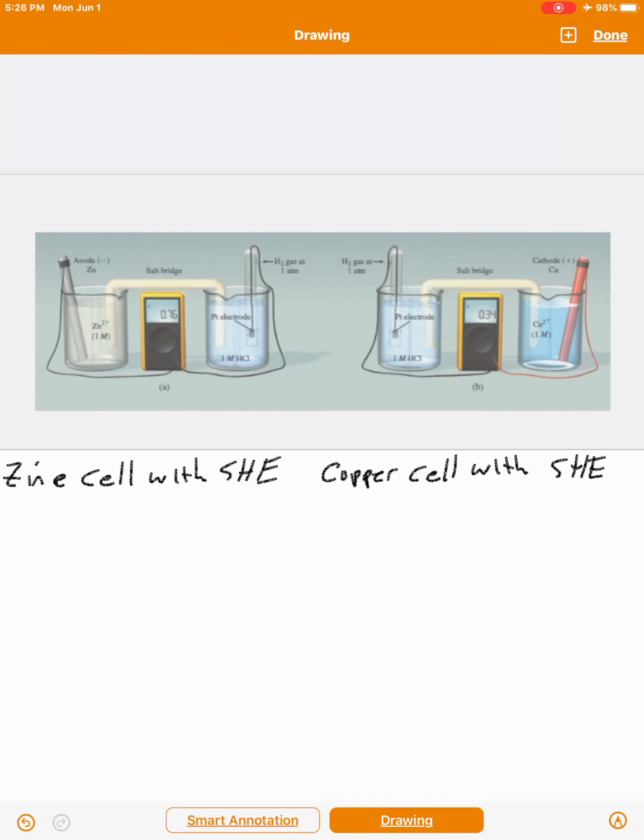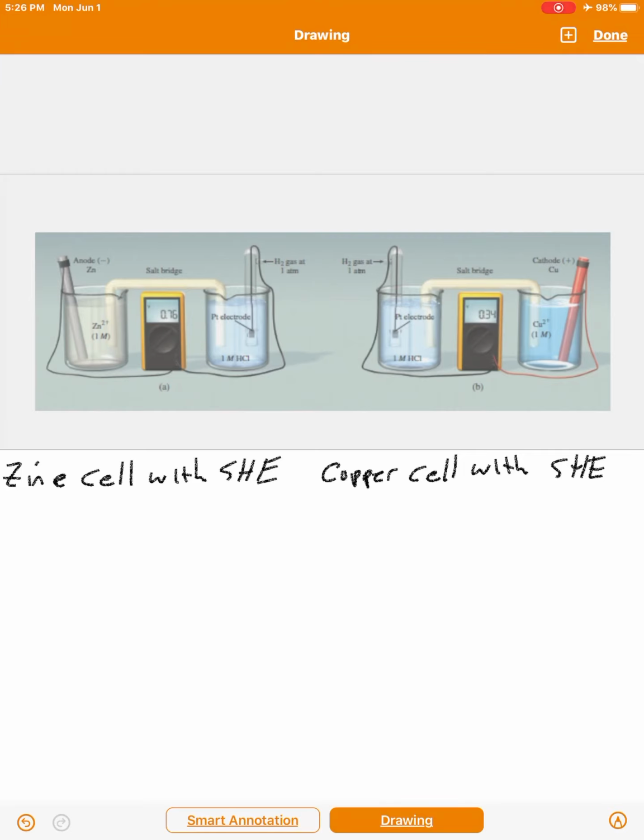On the left is a zinc electrode, so a piece of zinc immersed in 1 molar zinc 2 ions in solution, right? It's in water. Connected to a salt bridge. And then on the right is the standard hydrogen electrode, SHE. Okay? Notice the voltage there, 0.76.